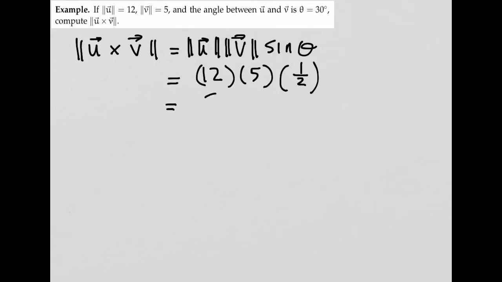That's 6 times 5, which is 30. That is the magnitude of u cross v.